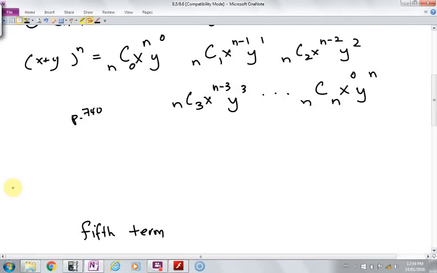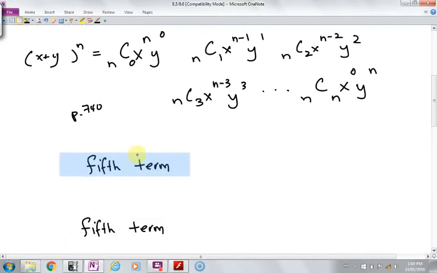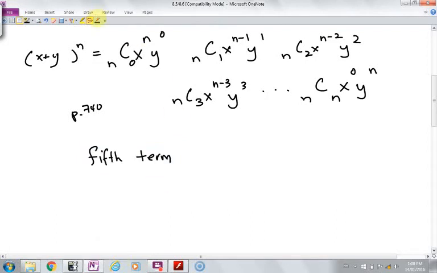Okay? Now, what if I wanted to make the fifth term in this expansion? The fifth term in this expansion, I would have to have n choose what? N choose 4. So if I want the fifth term, I have to have a 4 here, just like in Pascal's triangle.